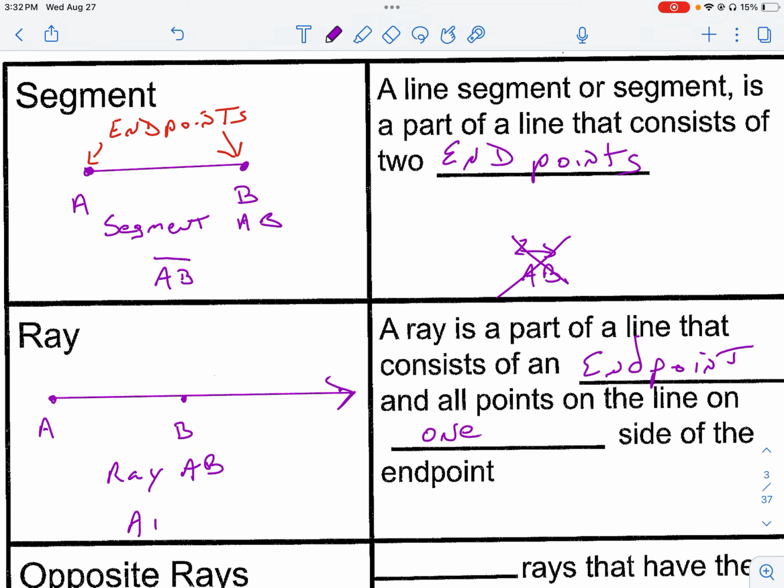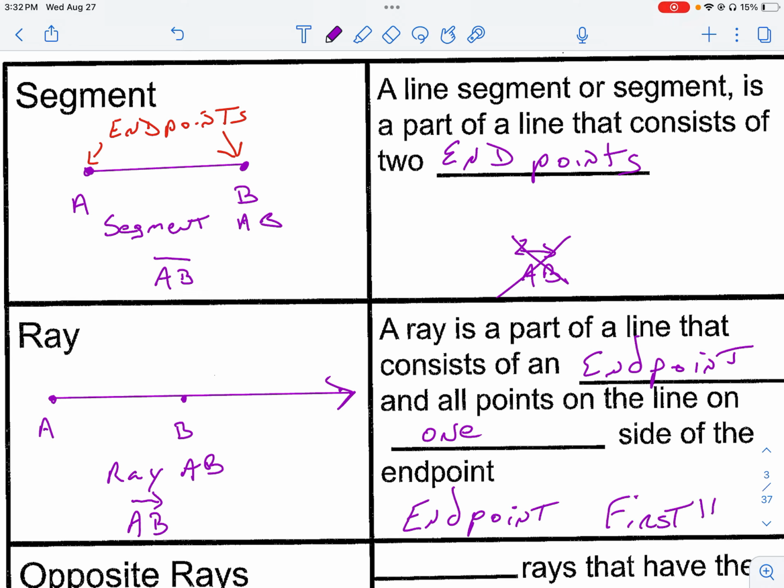And if we don't want to write ray all the time, we can draw a little ray symbol over AB for ray AB. Now, when we write the name of a ray, we always do the endpoint first.